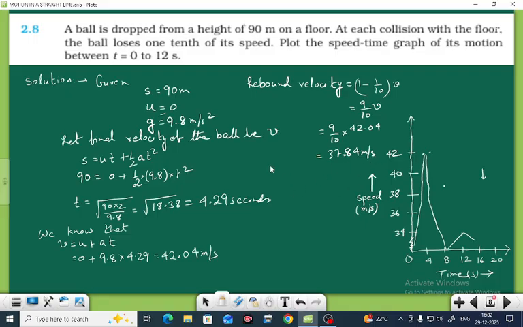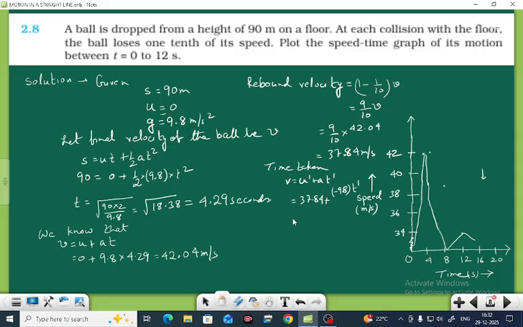Now the time taken. The same formula will apply here: v equals u dash plus a t dash. Here the initial velocity is 37.84, plus acceleration, which we take as minus 9.8, into time t dash.